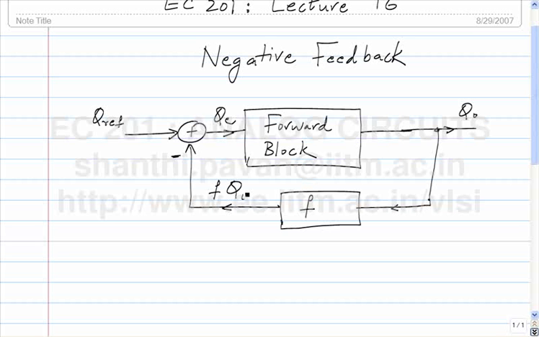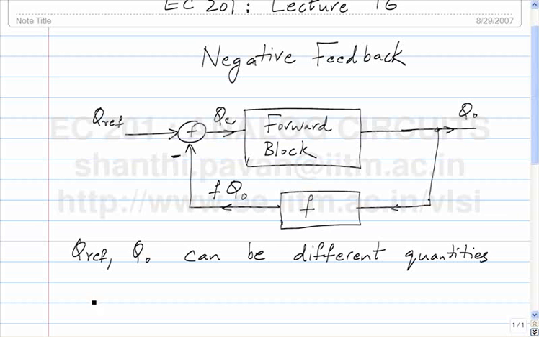In general, none of these quantities, Q ref or Q O, need to be electrical quantities. For example, Q ref can be a mechanical quantity like pressure, and Q O can be position, and so on. So Q ref and Q O can be different quantities.